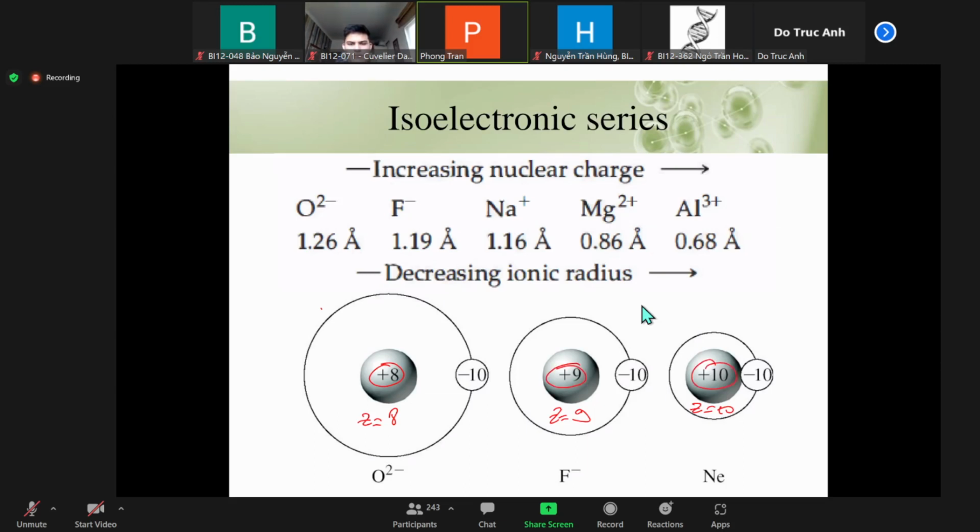So you will see that the interaction gets stronger and stronger, so of course the radius decreases. It's quite easy to understand. So when you want to look at the size of species which are isoelectronic, you need to take care of only the nuclear charge, the atomic number.